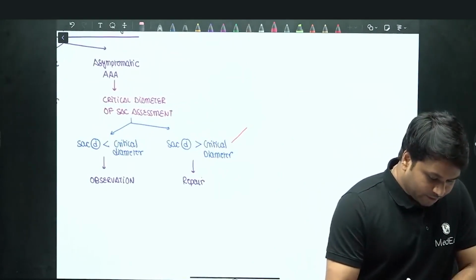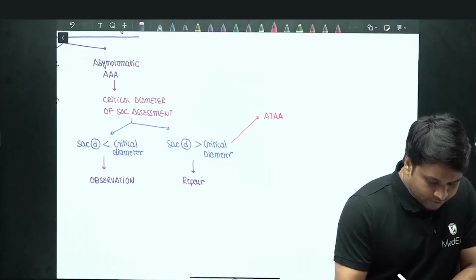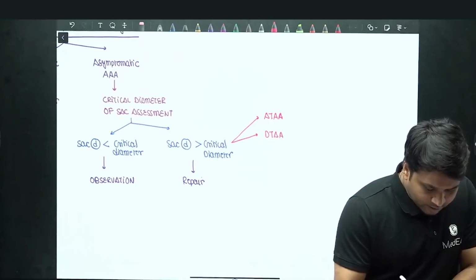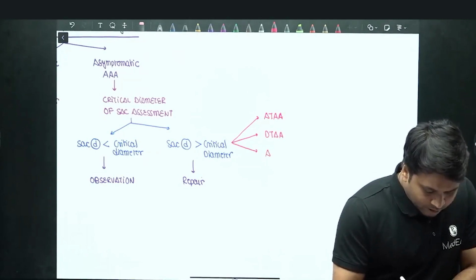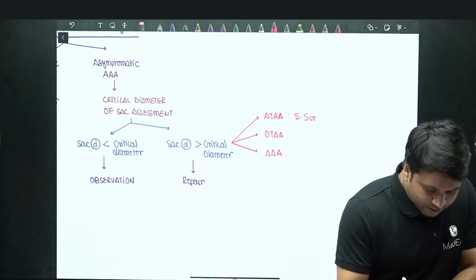Now, when we talk about the critical diameters, this is important. The critical diameter for the ascending thoracic aortic aneurysm is 5.5 centimeters, for the descending thoracic aortic aneurysm it is 6 centimeters, and for the abdominal aortic aneurysm it is again 5.5 centimeters.